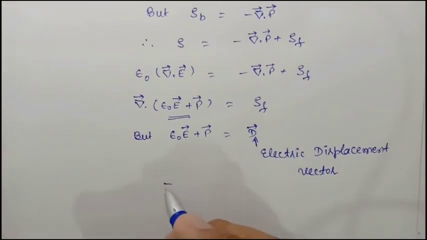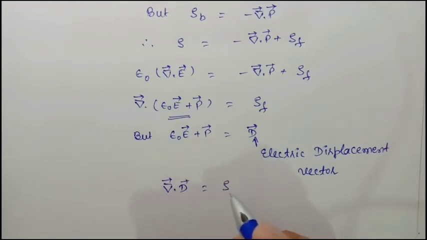So we can write del dot D is equals to rho F.